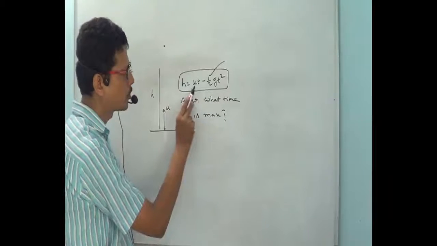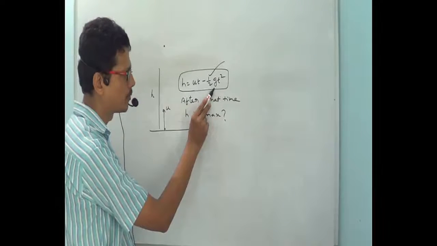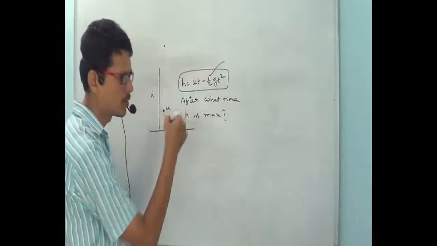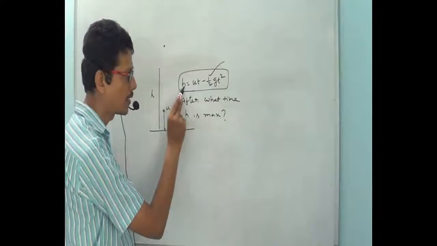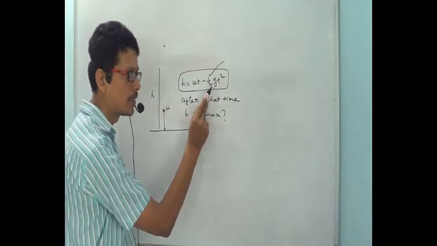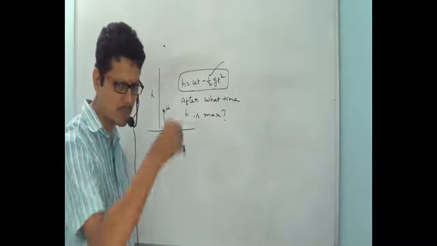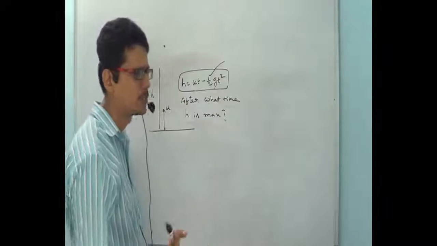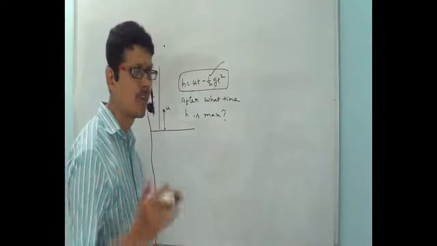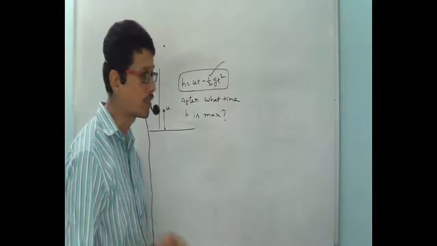If you take u positive, g you have to take negative, because g is downwards. U is upwards. So we take the acceleration vector as negative. Whatever it is, we will discuss that in kinematics, when we have to take one vector as positive, other vector as negative.